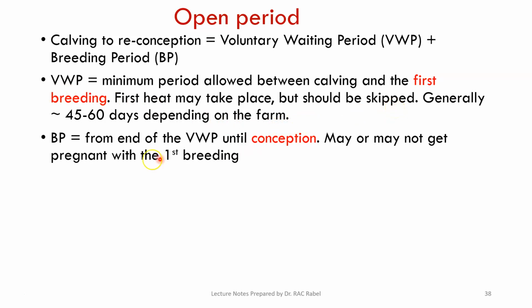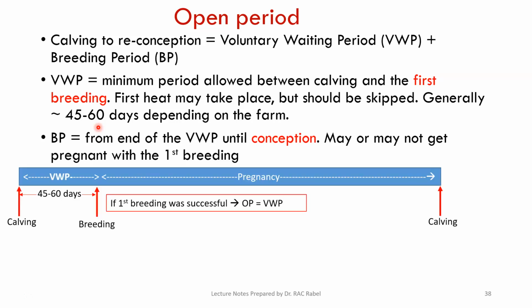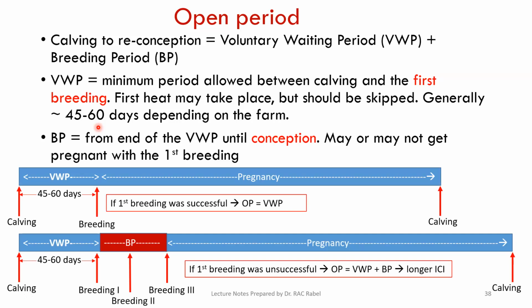Generally about 45 to 60 days, we don't make an effort to breed. We keep them away from the bull or inseminator. Even if they come into heat, we just let them rest. So think why we do that, right? So these are self-explanatory.